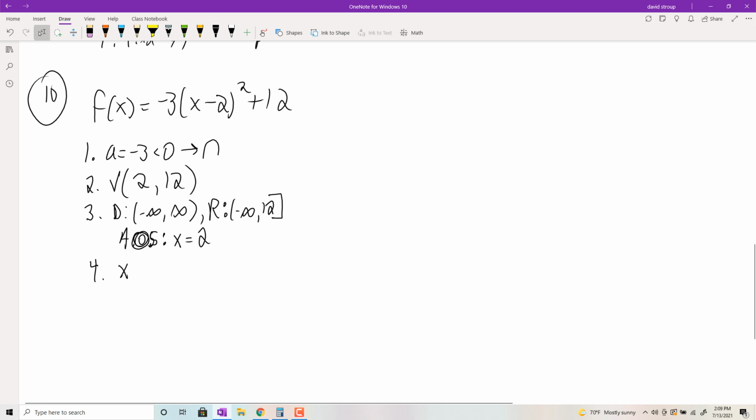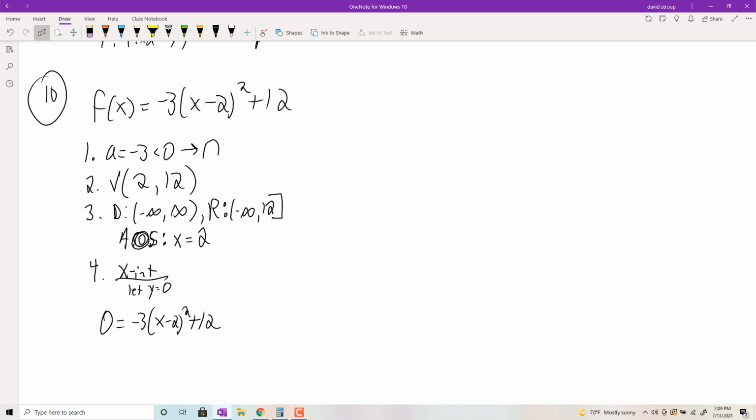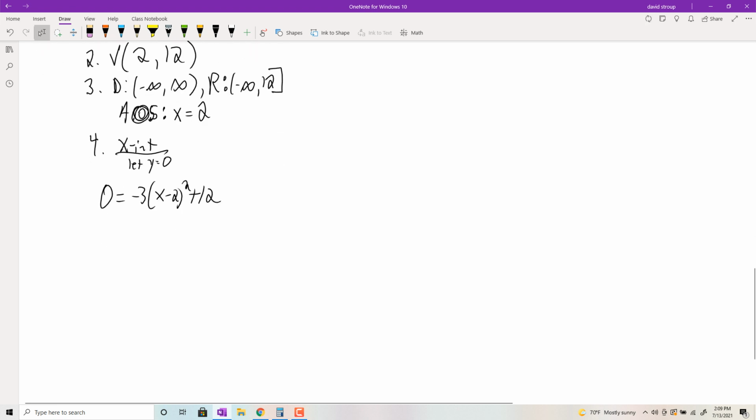Then fourthly, get the x and y intercepts. For the x intercept, you let y equal 0. So I'll have 0 equals negative 3 times x minus 2 squared plus 12. And then we have to solve this. Move this item to the left. You get 3 times x minus 2 squared equals 12.